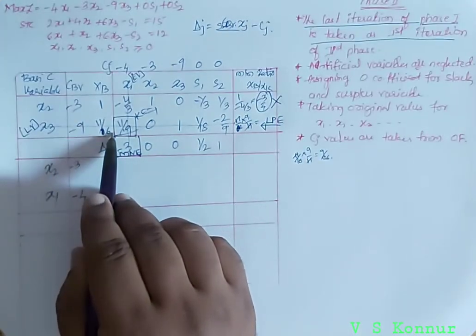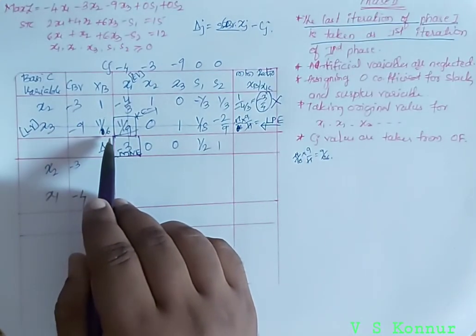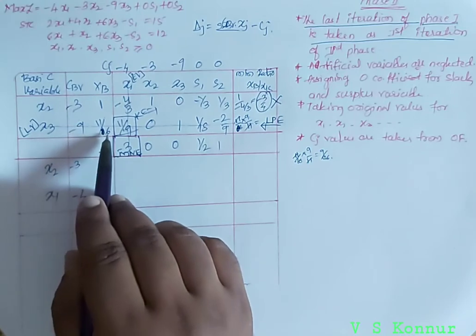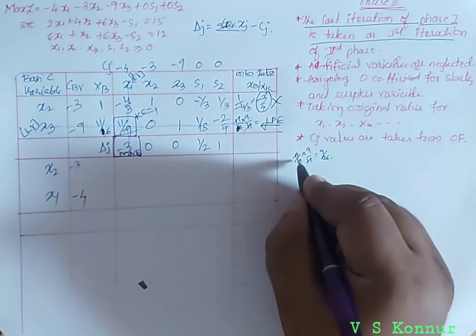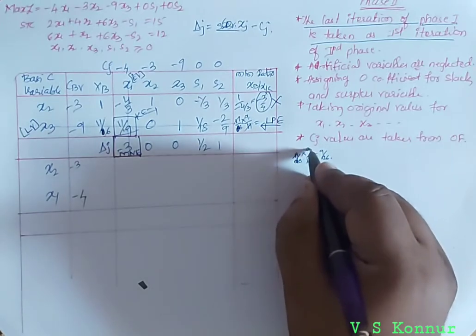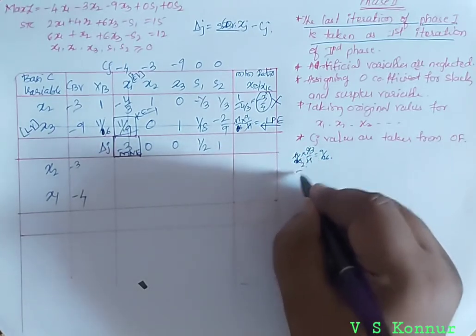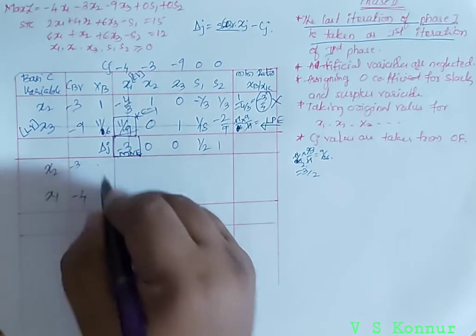We got that 11 by 6 into 9 by 11. So 3 3s are 3, 2s are 3 by 2, we will get 3 by 2.